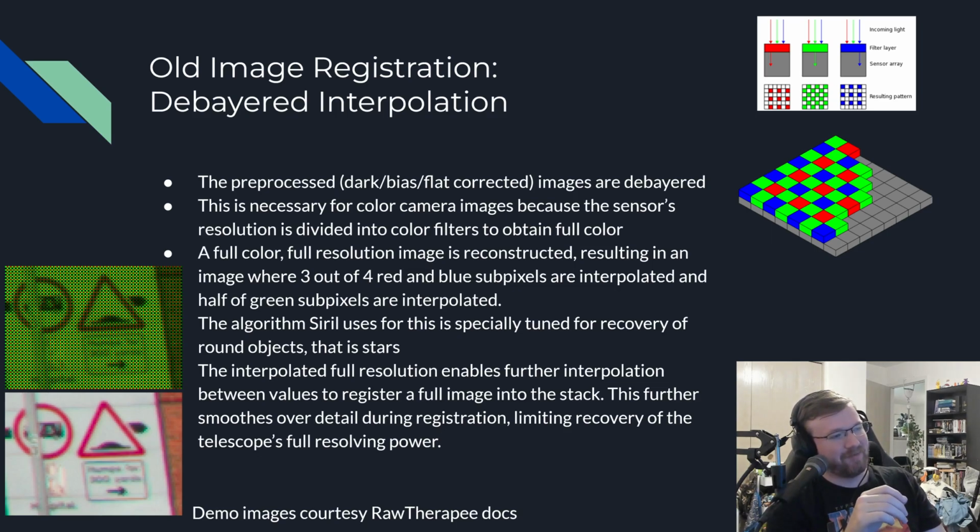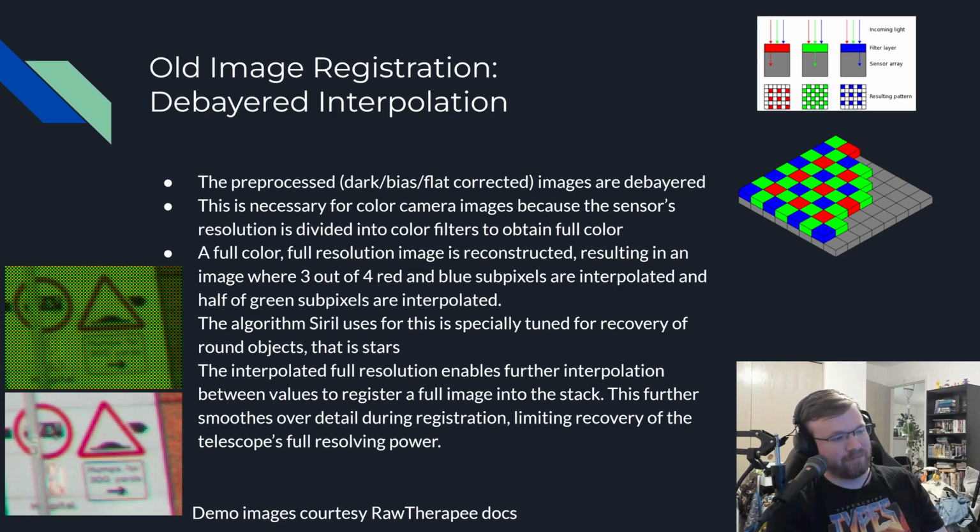Now, a full color resolution image can be reconstructed from that, resulting in an image where 3 out of every 4 pixels are interpolated, because you need to fill in the blue here, blue here, blue here, and the red here, red here, red here. So for the red and the blue, 3 out of every 4 subpixels are interpolated, and for the green, half of them end up interpolated.